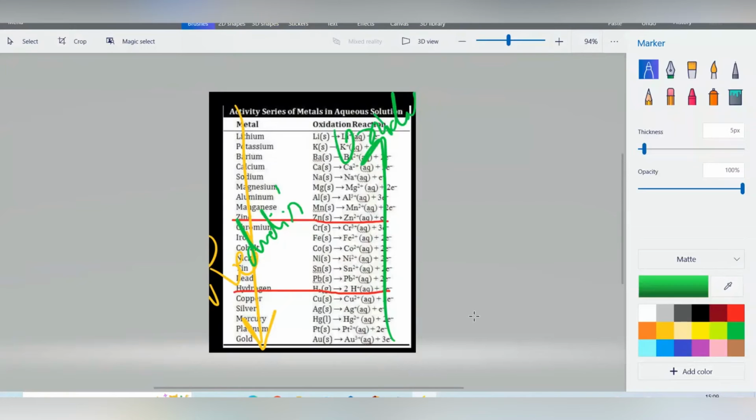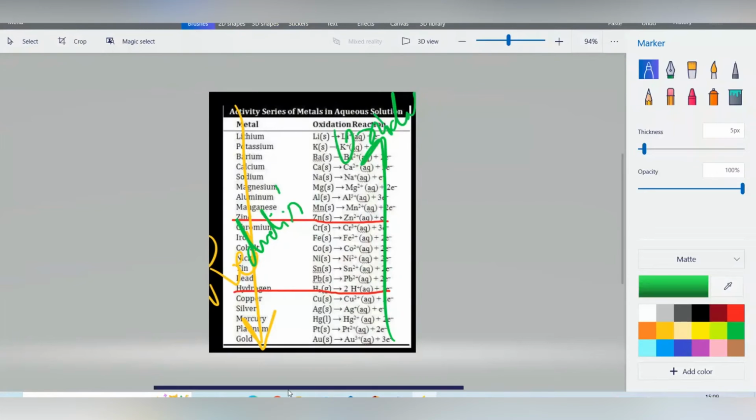But from the same series, right? Yes, you have to refer to the same series. For reduction, the upper has to replace the lower. And for oxidation, the lower has to replace the upper. One will go down, one will go up, like that.